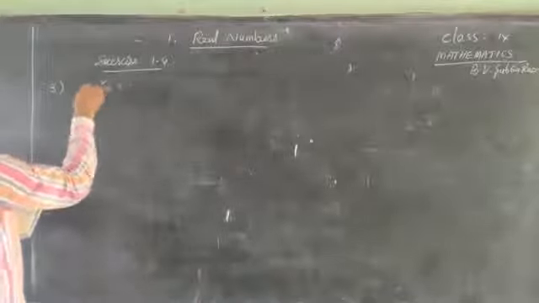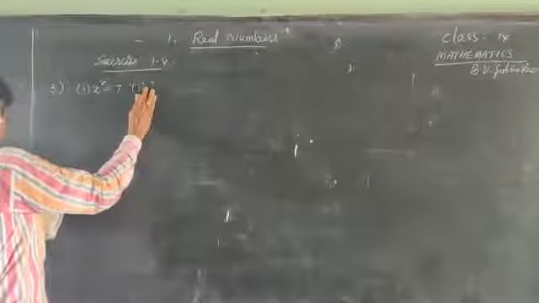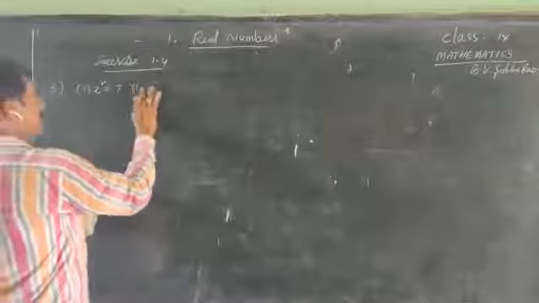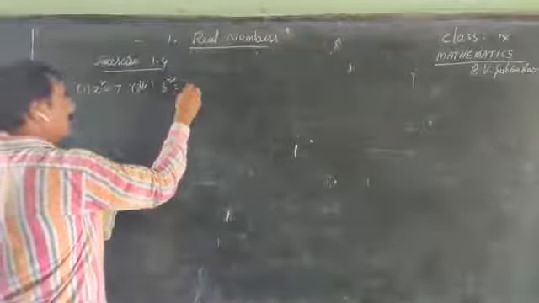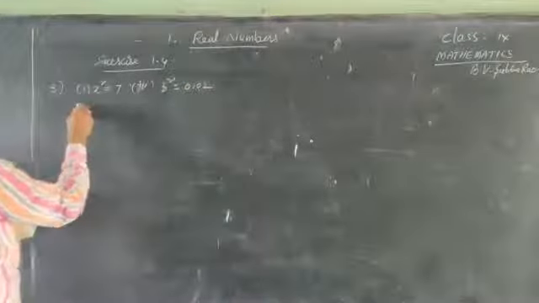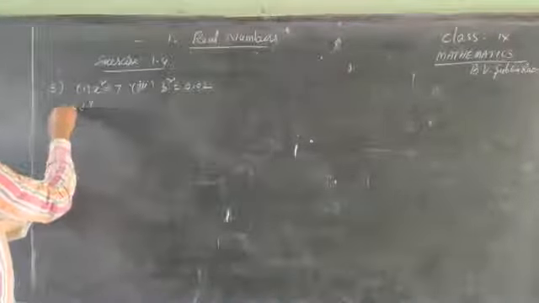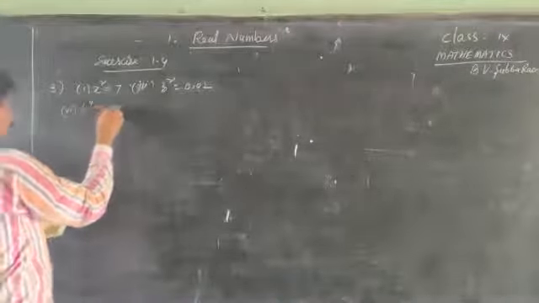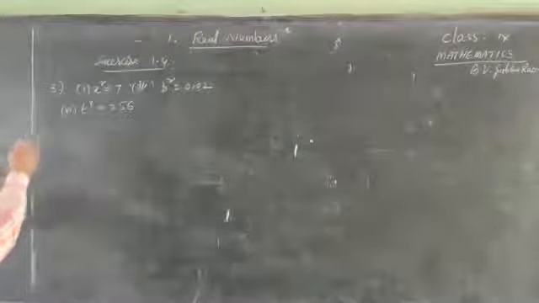X square equal to 7, first one. Second one is another one. Z square is the third sum. Equal to 1 more. For a 4, it is the 6th one. 2 in this one. Next, 7.